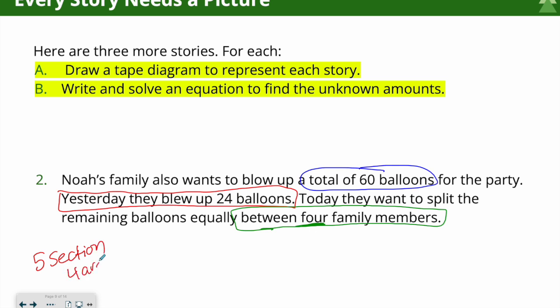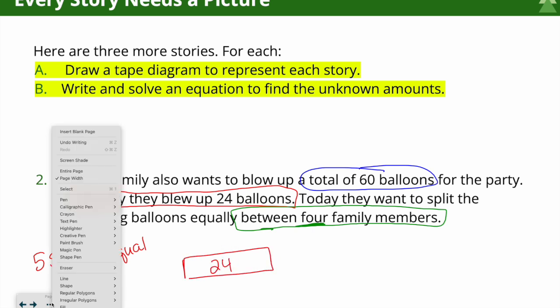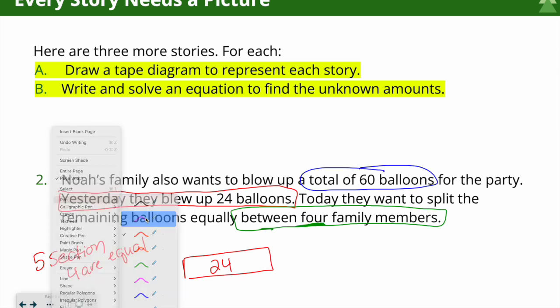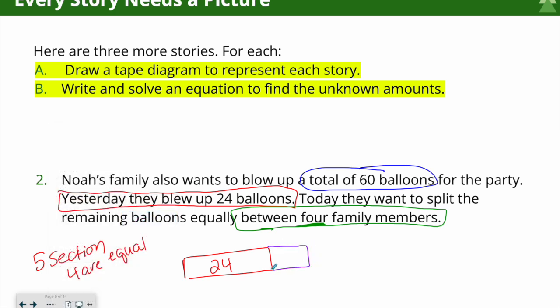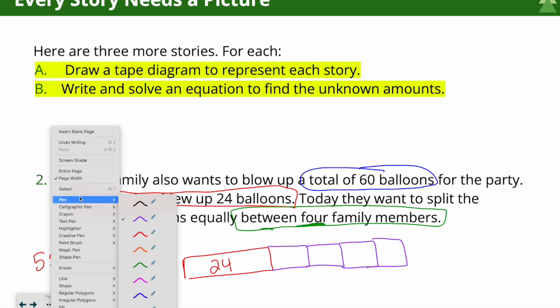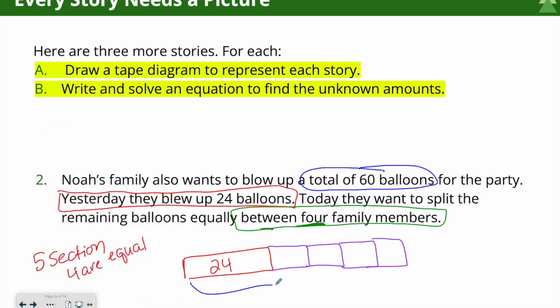4 are equal sizes. So we have this section of 24, and then we have a section for each family member, and that equals our total, which is 60.